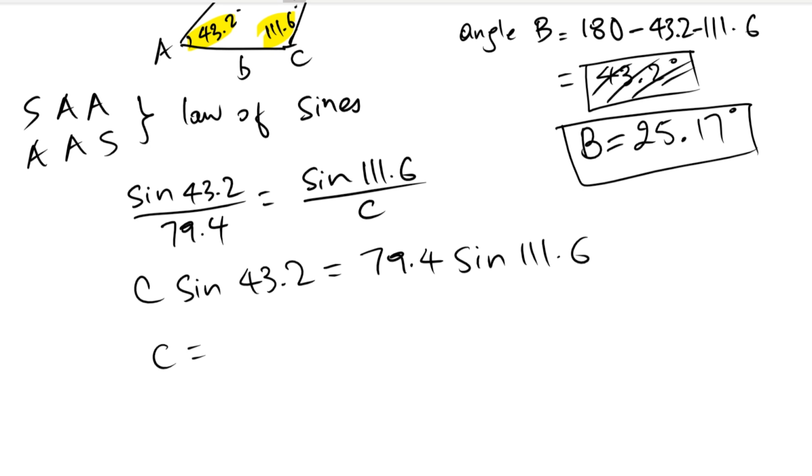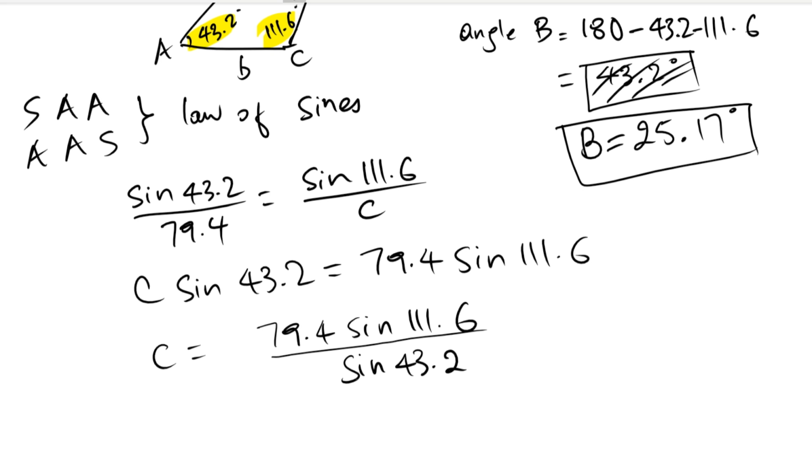So C is equal to 79.4 sine 111.6 divided by sine of 43.2. If you enter all of this in your calculator, you will have C is equal to 107.8. That's what you will have for the side C.